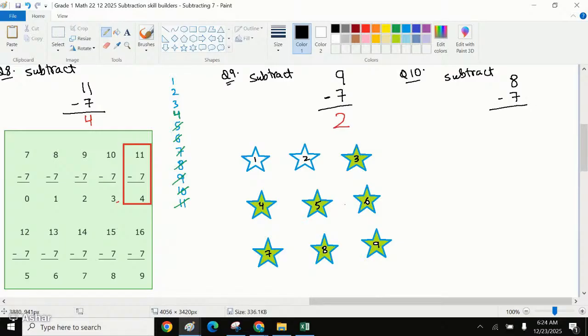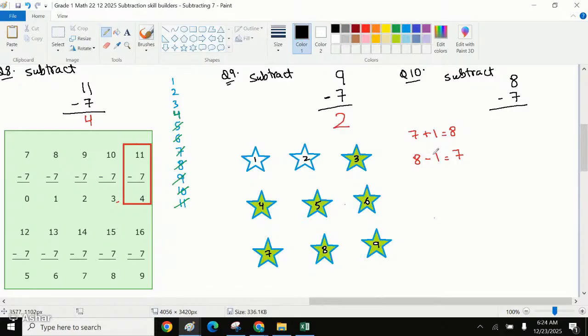Okay, we know that 8 is 1 greater than 7, right? That means 7 plus 1 is 8. Then 8 minus 7 would be 1, right? I'll write it down over here. We know that 7 plus 1 will be 8, right? So if we remove 1 from 8, so if we say 8 minus 1, we are left with 7, right?